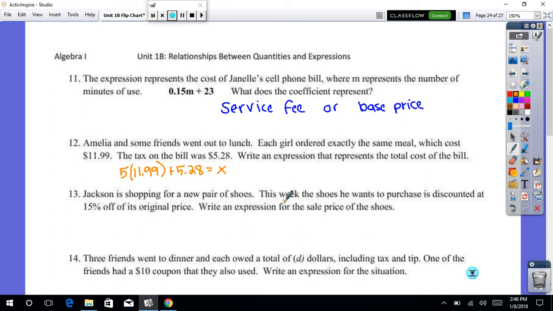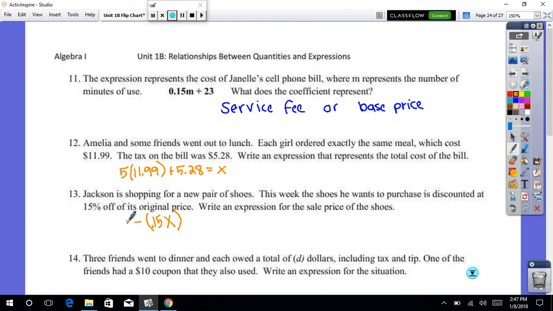Okay, Jackson is shopping for a new pair of shoes. Okay, this week, the shoes he wants to purchase are discounted at 15% off their original price. Okay, so 15% off. Here's the original price. Okay, 15% off of that would be 0.15.